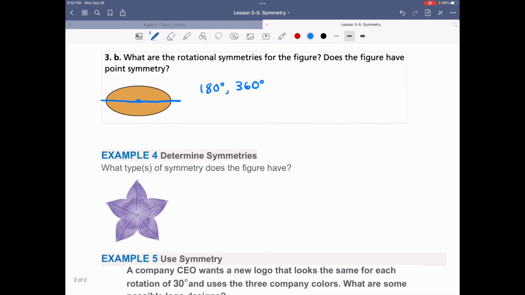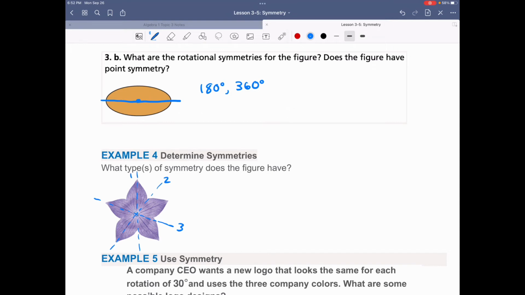Example 4. What types of symmetry does this figure have? All right, so we could reflect it one way. We could reflect the flower this way. And we could reflect it over this line of symmetry.